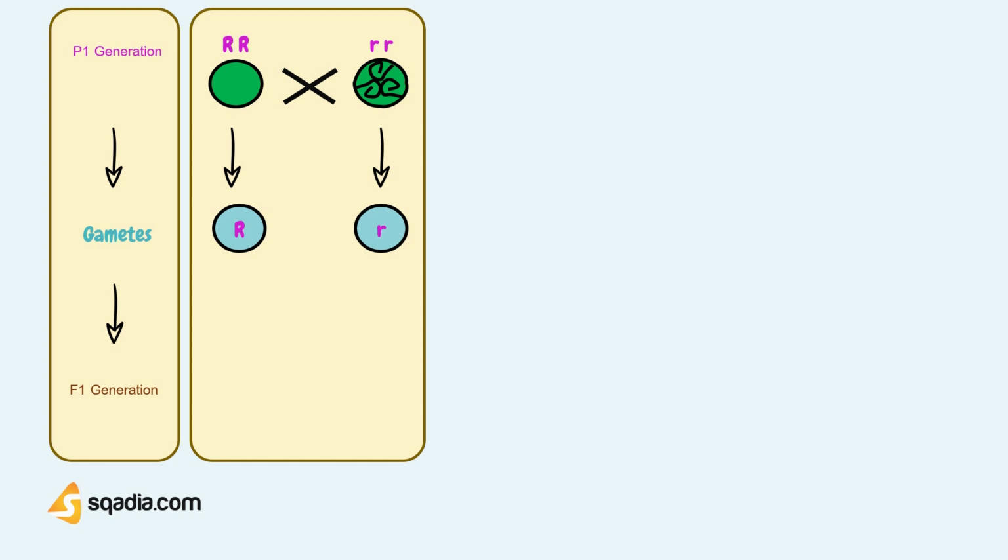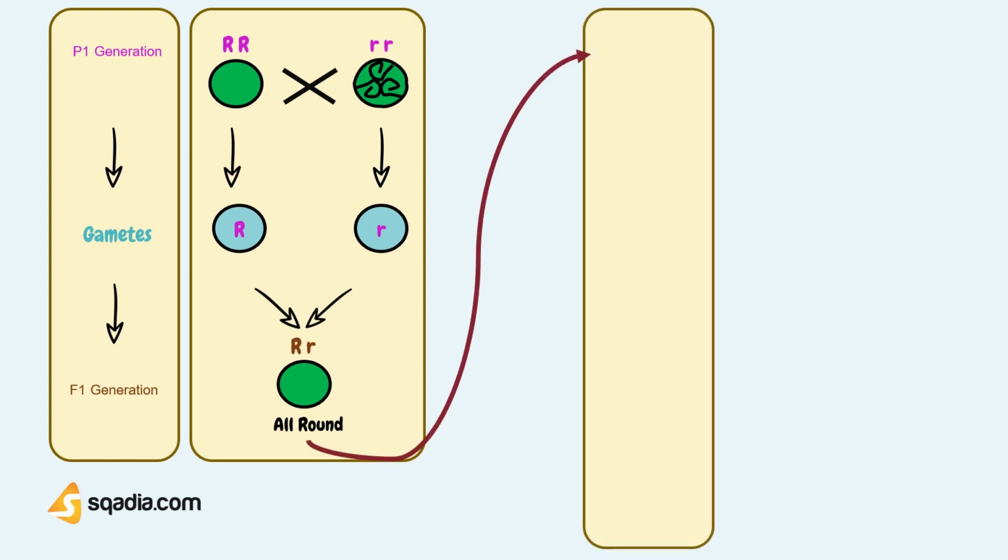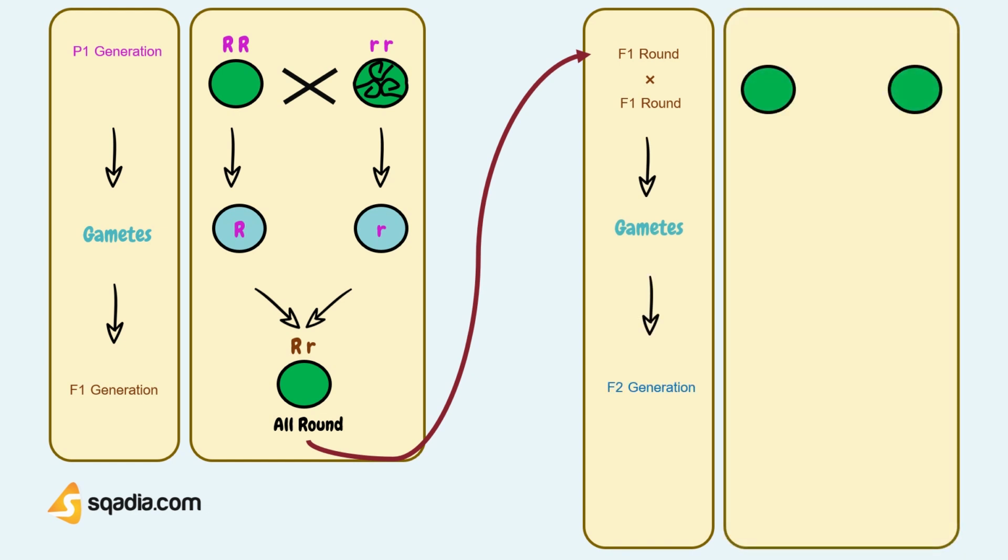They all will be round with capital R and small r. The cross in F1 generation produces F2 generation, called the second filial. Let's understand it. F1 generation is round, with one capital R and one small r.